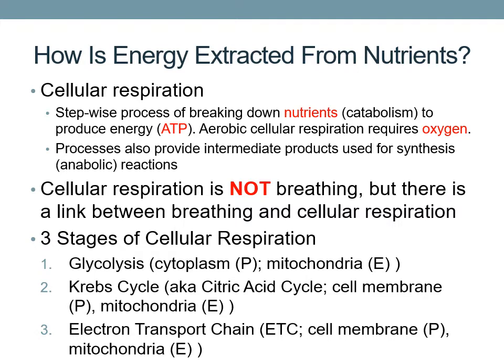The last stage of electron transport, also called oxidative phosphorylation, occurs across the cell membrane in prokaryotes, and again in the membranes of the mitochondria in eukaryotes. In the mitochondria, there are specific locations within that organelle where these processes occur.